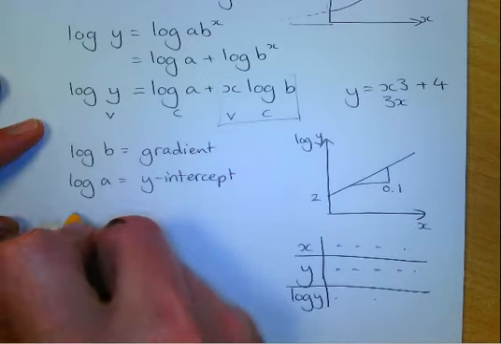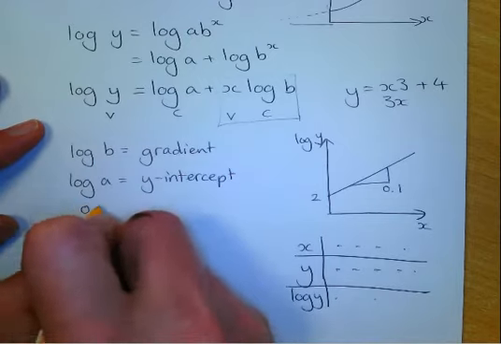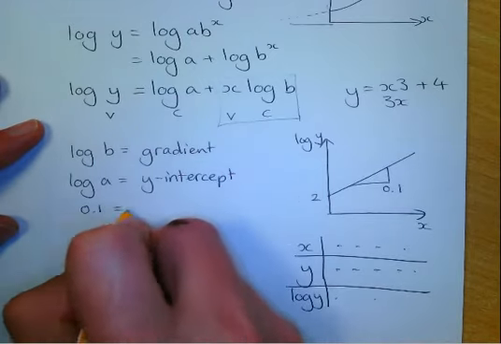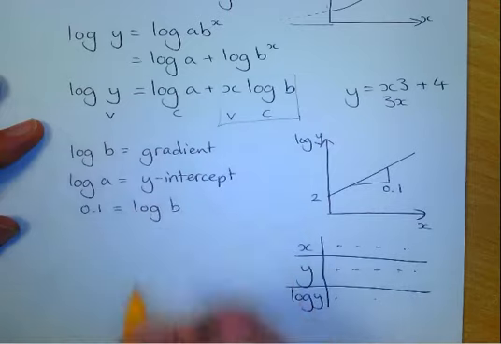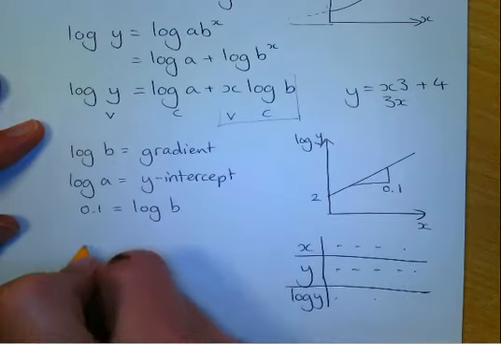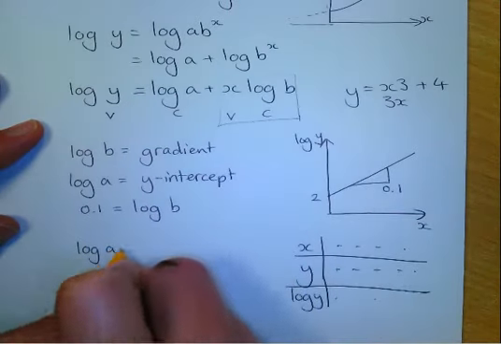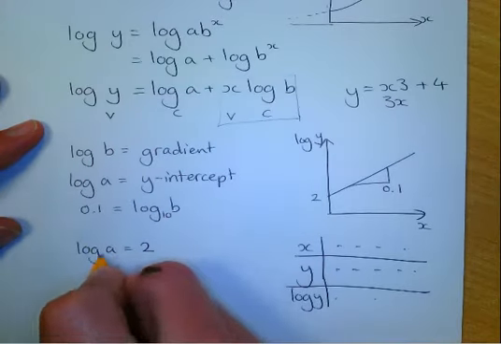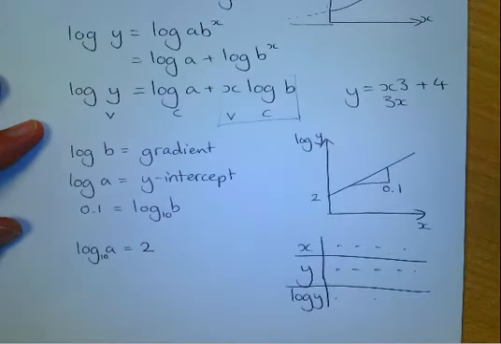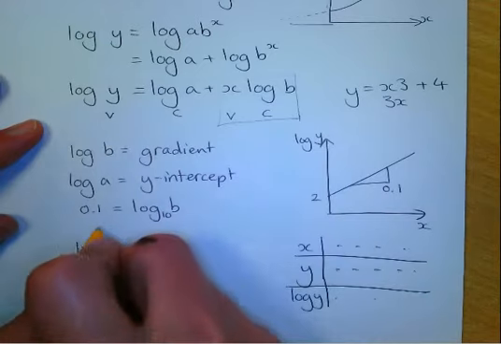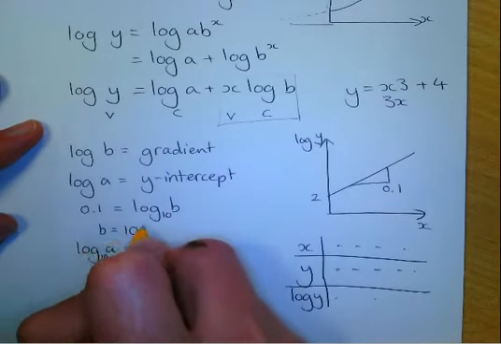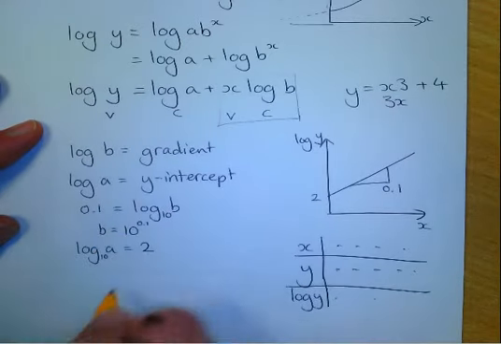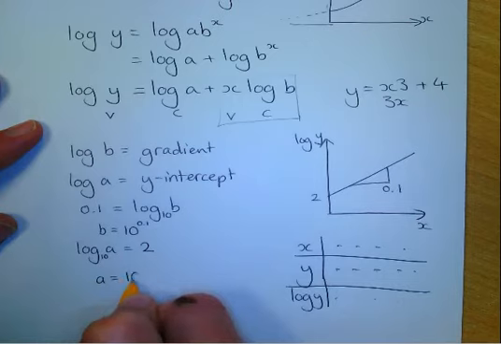So therefore, we know the gradient is 0.1, so that's equal to log of b, and log of a we know to be 2. And if you want to, you can pop on the base values of 10 and we can work out what these are. So b is 10 to the power of 0.1 and a is 10 to the power of 2.